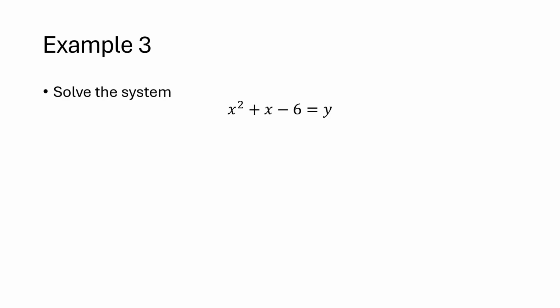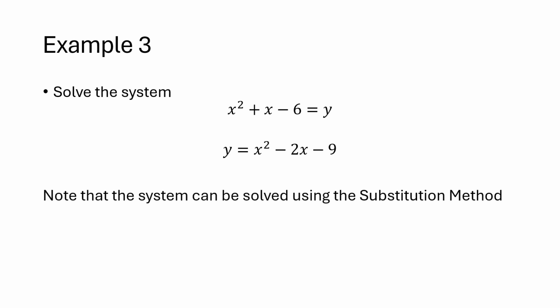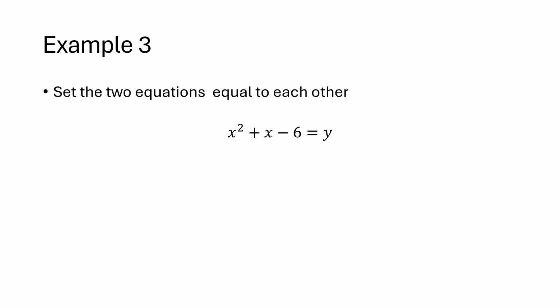Now in example number 3, we have another 2 parabolas, and we need to solve the system, and notice it can be solved using the substitution method. So we're going to go ahead and set the two equations equal to each other. So this is my first equation, my second equation, and we're going to set them equal to each other. So we're solving them using the substitution method.